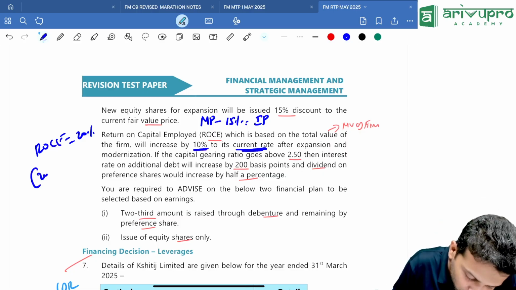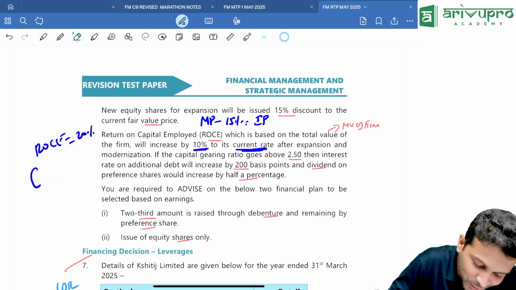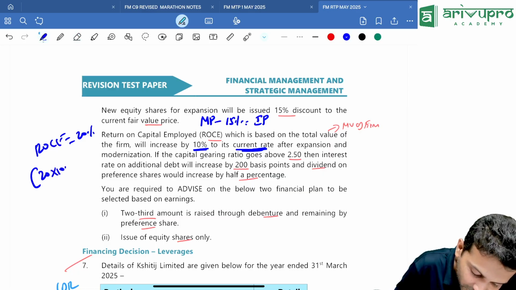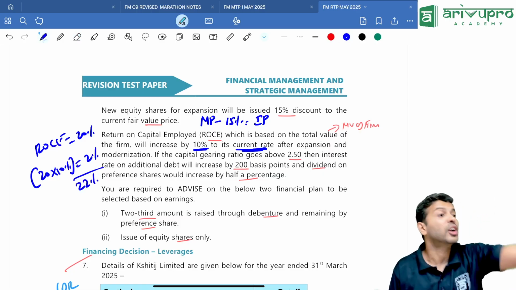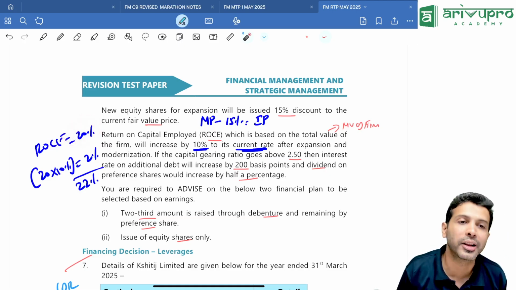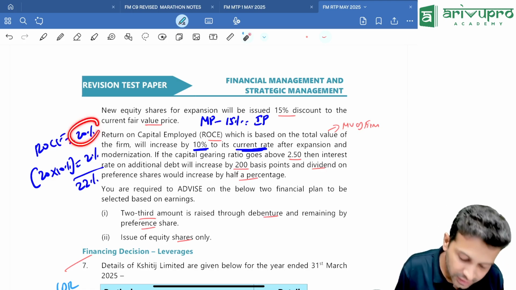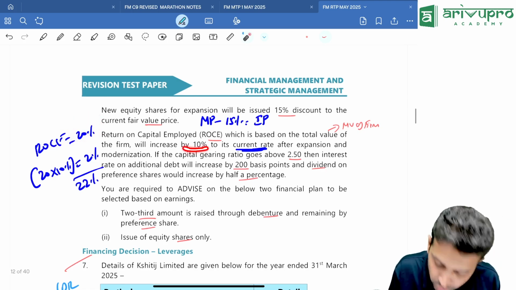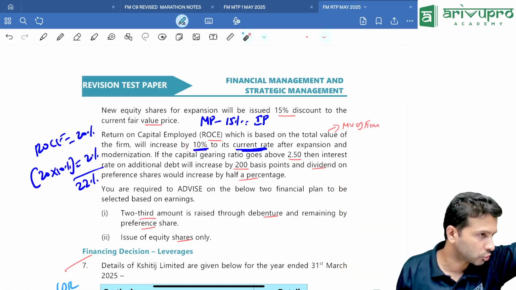That means you have to take 20 and multiply it by 10%. Basically, it will increase by 2%. So the new rate will be 22%. Is this the actual ROCE or just assumed for explanation? This is just assumed for explanation. We need to calculate ROCE. First calculate ROCE, and to that in your calculator you need to do plus 10%. That way you will get the ROCE after the new project.